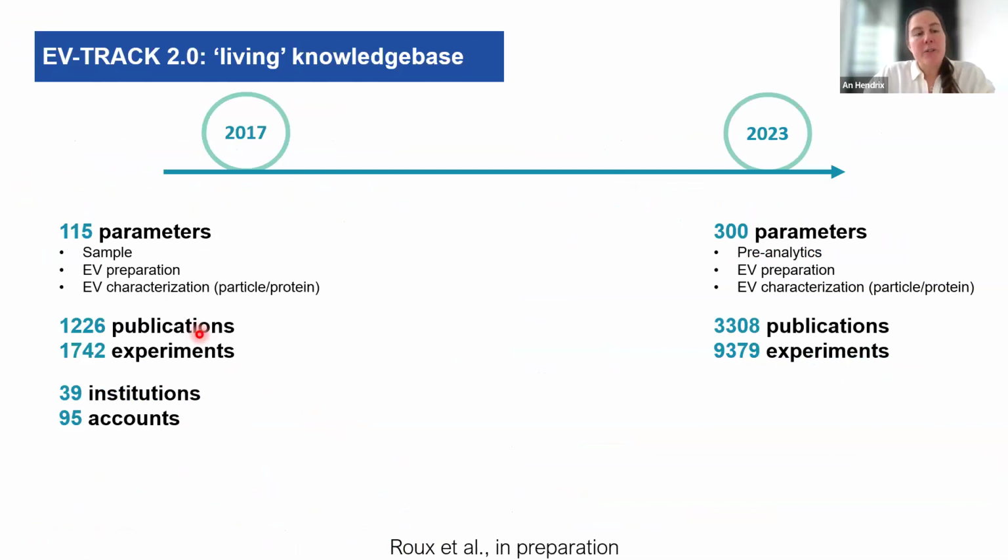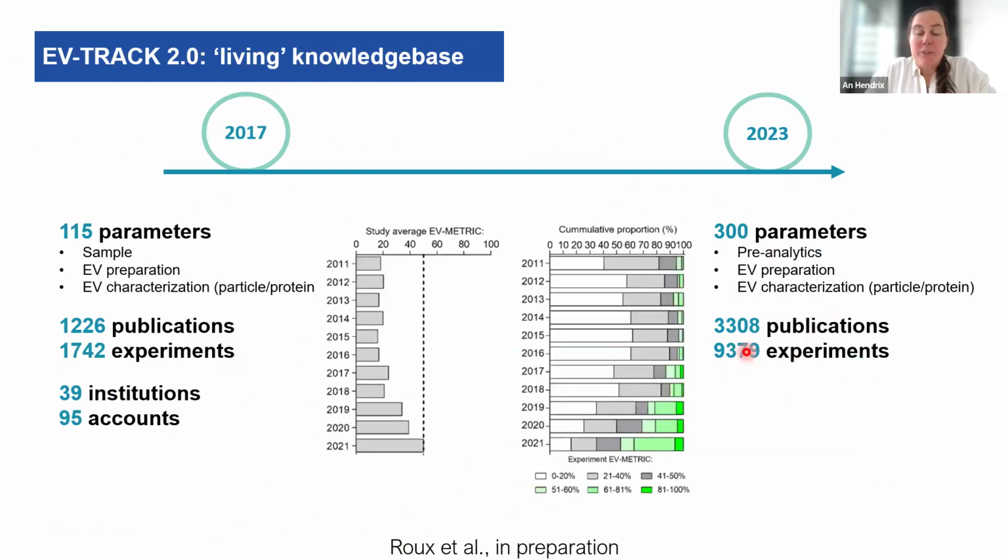Initially, we analyzed 1,226 publications. To date, we already have more than 3,000 publications in the knowledge base that report more than 9,000 different experiments. So there is a huge increase in the amount of information that has become available in the EV-TRACK knowledge base. And what is very nice to observe is the evolution in EV-METRIC. Until 2015, papers were analyzed for the development of the EV-TRACK knowledge base.